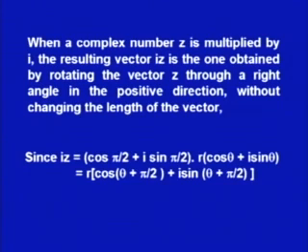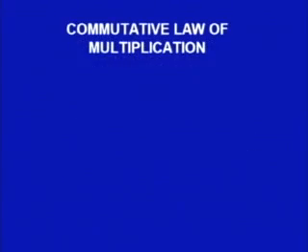So, this means theta in cosine and sine has become theta plus pi by 2. So, the number will be rotated through an angle of pi by 2 with the same length or same vector.